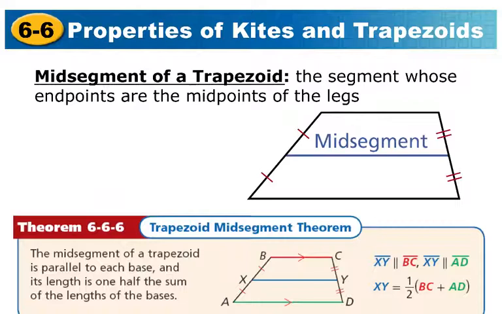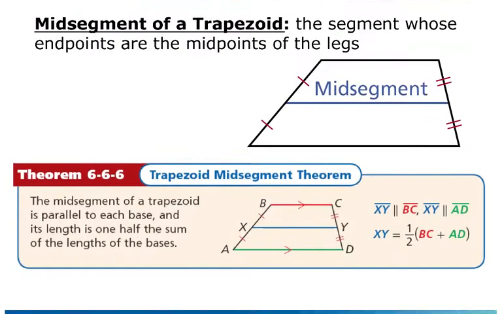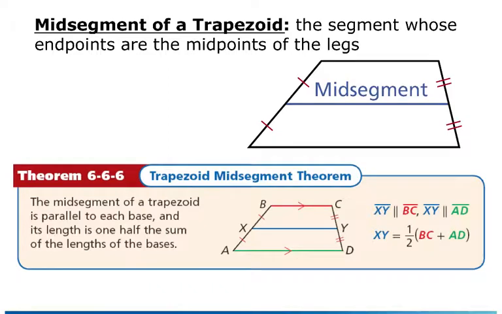Alright. The next one is the mid-segment of a trapezoid. So this one's kind of thrown in there, but at the same time, hopefully it makes sense within this idea. So the mid-segment of a trapezoid is the segment that connects the midpoints of the legs. So notice that we have whatever this midpoint is, whatever this midpoint is, because it is a trapezoid and not an isosceles trapezoid, so we don't necessarily know that it is the same distance here and here.